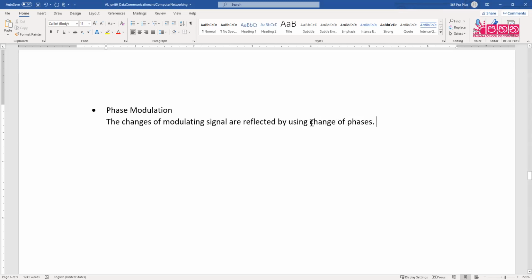By using change of phases, the amplitude and frequency will not be changed. Will not be changed. This is what we call phase modulation.